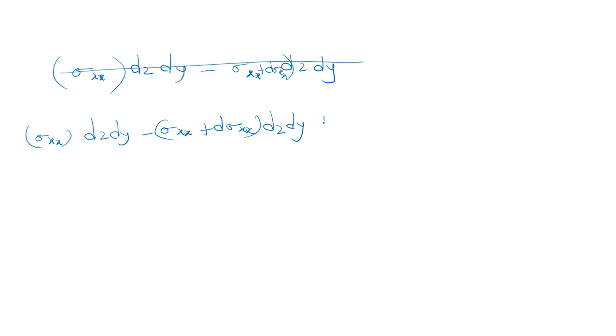Similarly, for the remaining two planes: tau zx dx dy minus tau zx plus d tau zx multiplied with dx dy.